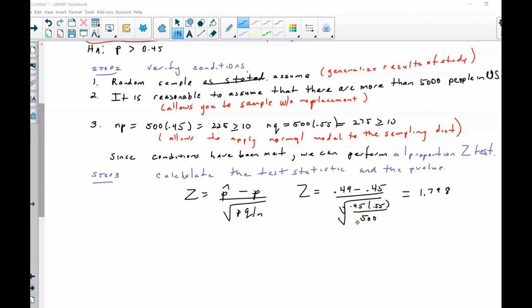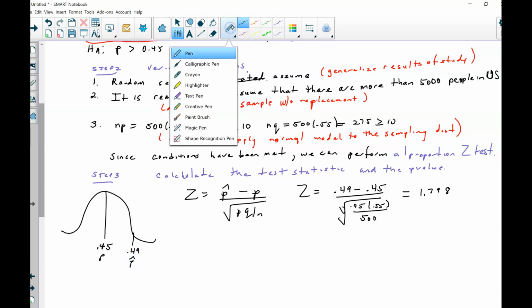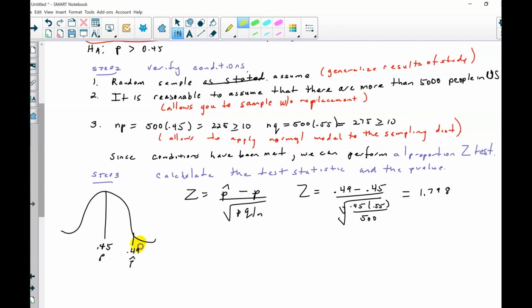We now need to calculate the p-value, and it's really helpful to draw a diagram so we can actually see. So p, our mean, is 0.45, and again that represents p. We came out with our test statistic, which is 0.49, and since it's greater than, we're shading to the right.